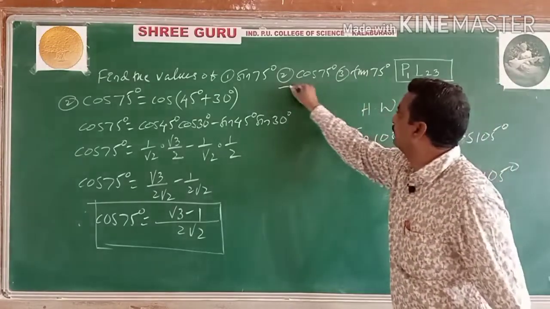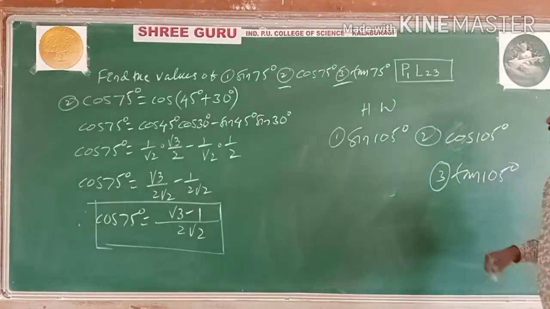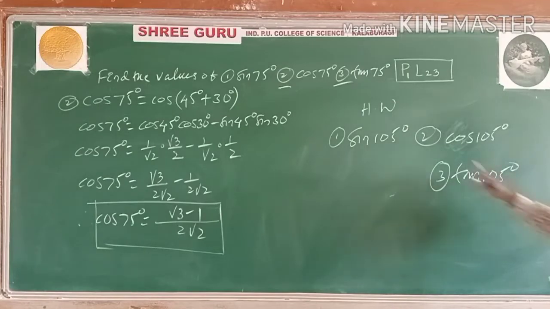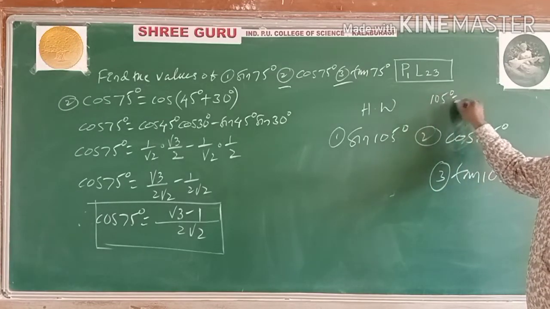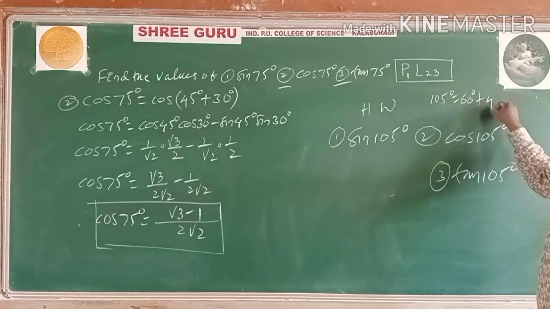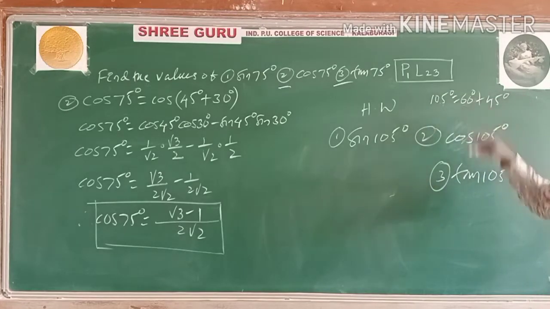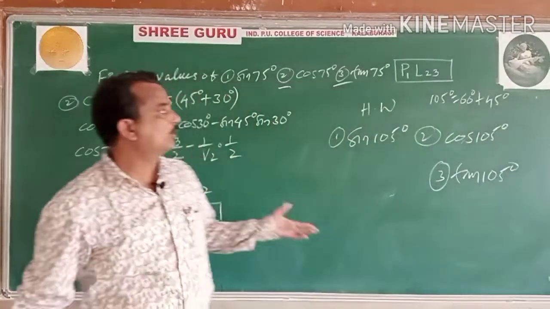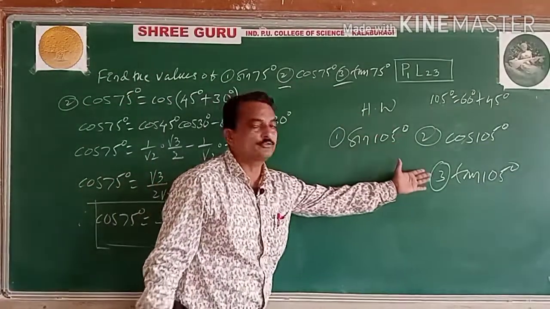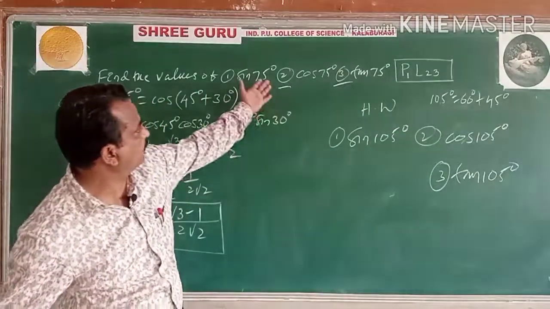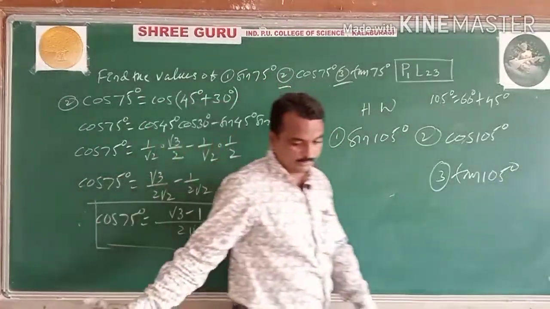These two, second and third, and these three also, you may calculate as homework. Same, 105 you may write as 60 plus 45 degrees. 60 is also a standard angle, 45 degrees is also a standard angle. It is not possible to write 100 plus 5 degrees. So you may calculate these homeworks, similar type.